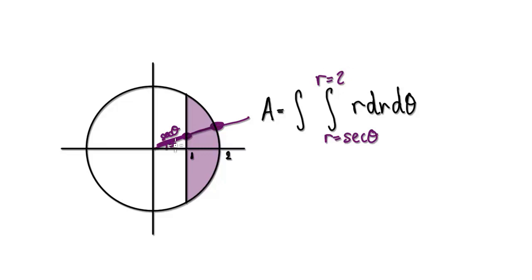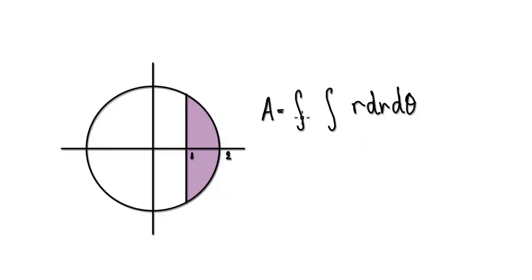Let's say you've got a bigger angle now. For this given angle theta, this radius here is secant theta, and then you leave at a radius of 2. So r starts at secant theta and stops at r equals 2.